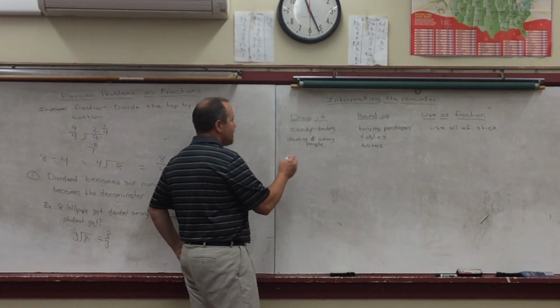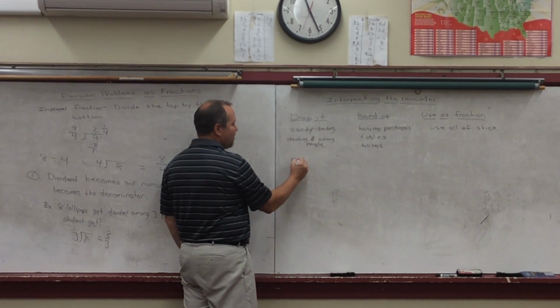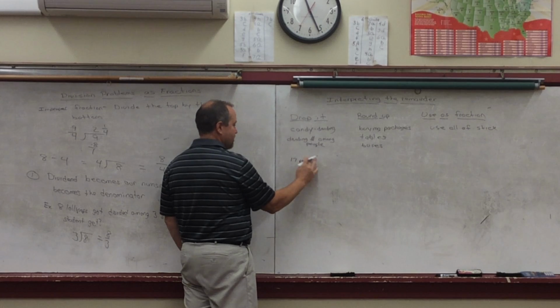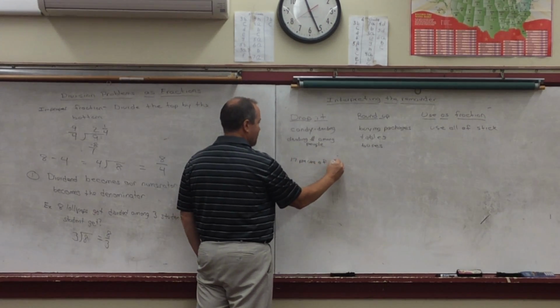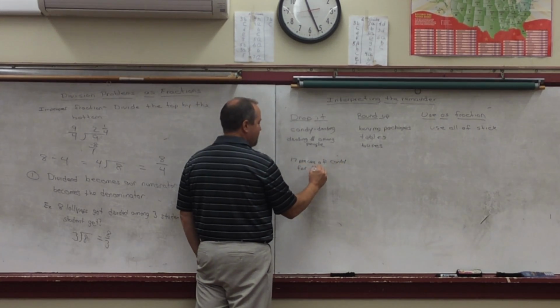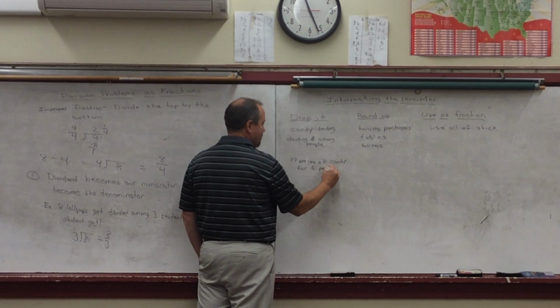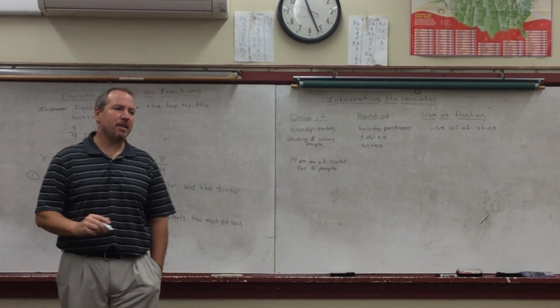So let's say we have 17 pieces of candy for 5 people. Okay, so 17 pieces of candy for 5 people.